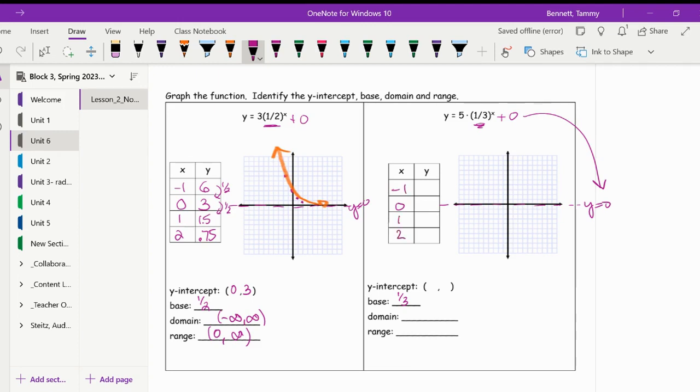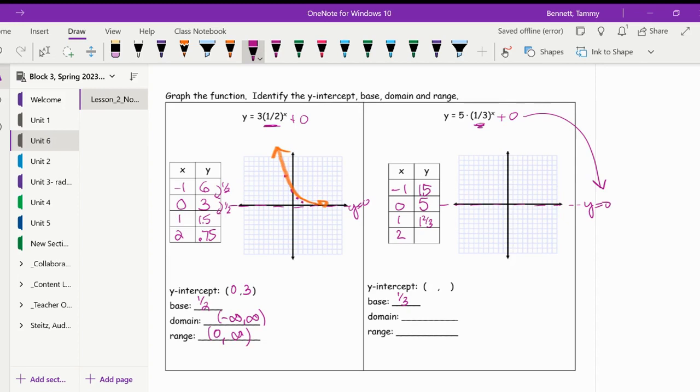So now let's use the calculator. So 5 times 1/3 to the negative 1 would be 15. 5 times 1/3 to the 0. 1/3 to the 0 is 1. 5 times 1 is 5. 1, 5 times 1/3 would be 5/3 or 1 2/3.